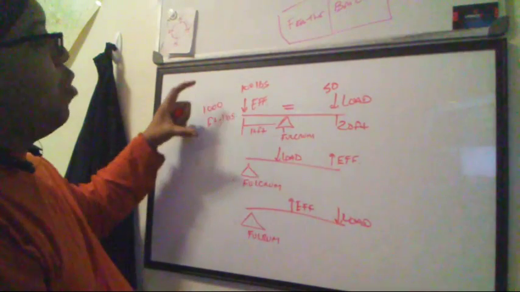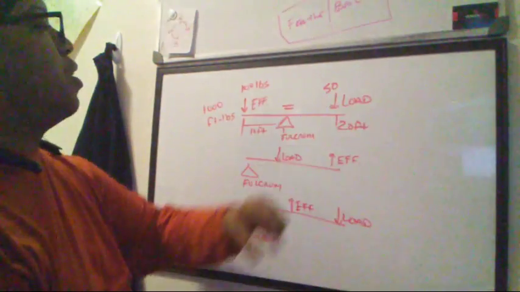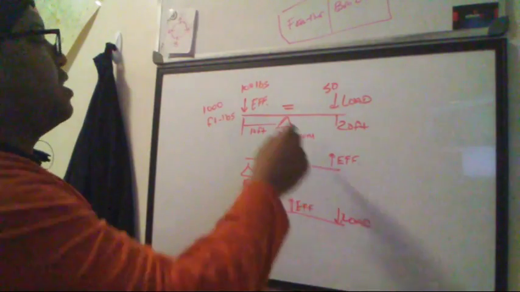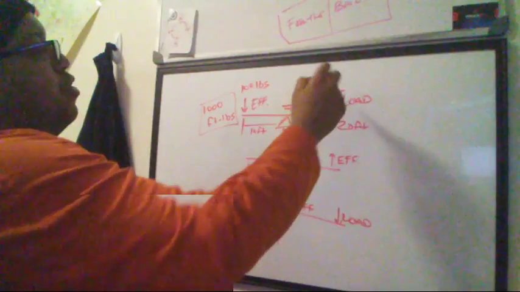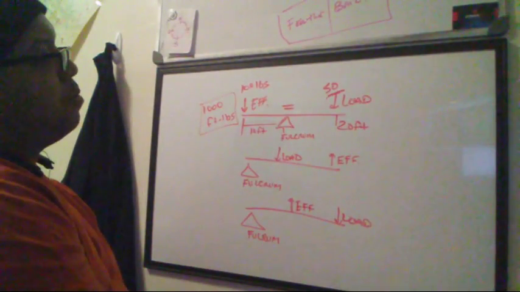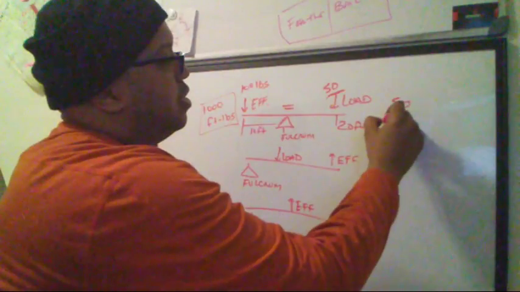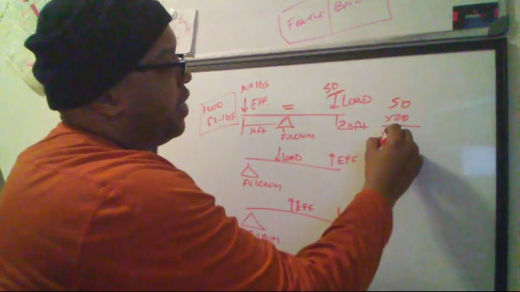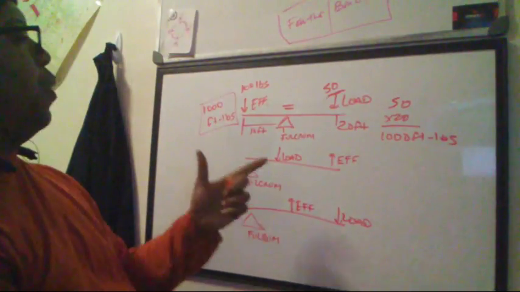So whatever the load moment on this side that's going on, we have to make sure that it goes on this side. And we just get that by looking at the load moment on this side, and you divide by 50. All right, and that will give us 20. And 50 times 20 will yield 1,000 foot-pounds.